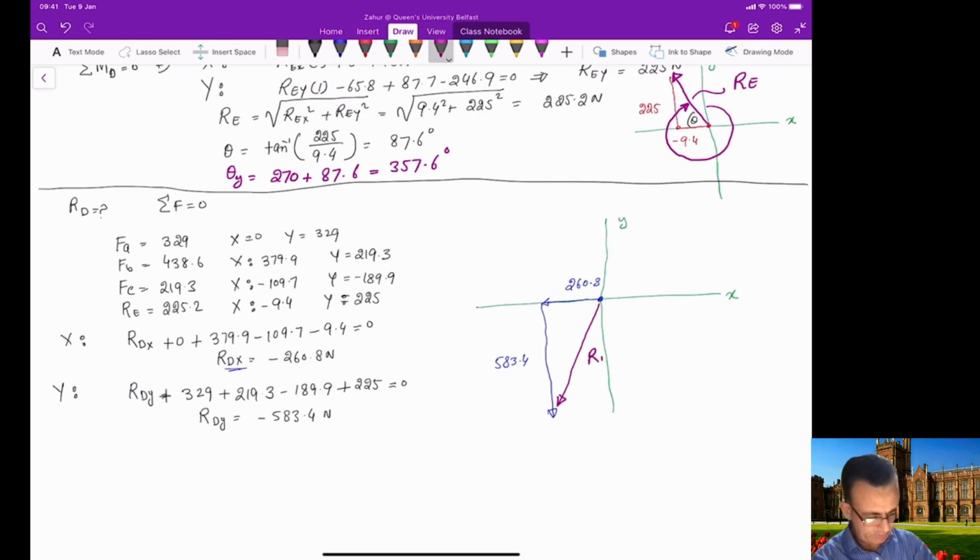So this will be our RD, which you can calculate from here. RD will be the square root of RDx square plus RDy square. So this should provide you with the value, which is 639. So this means that this is 639 Newton, and you can calculate this angle here.